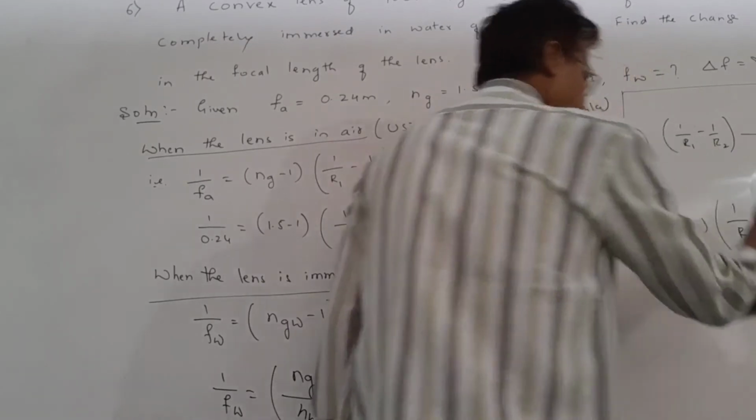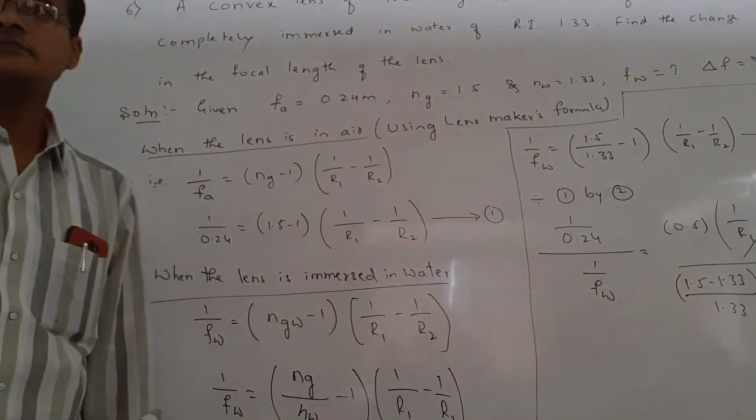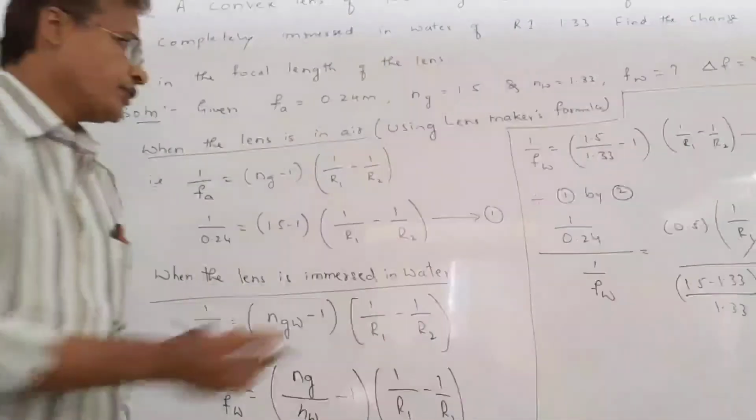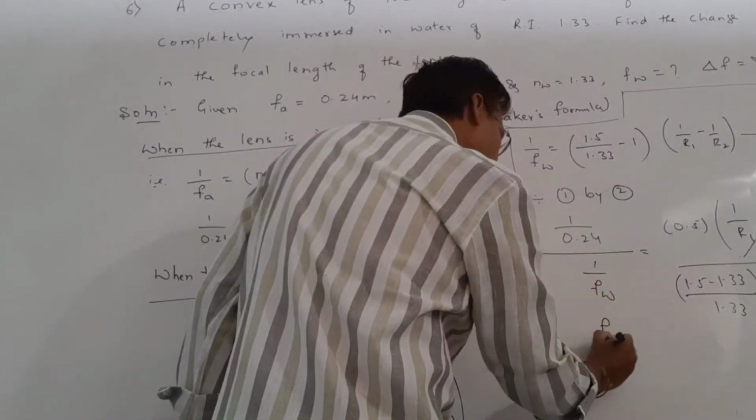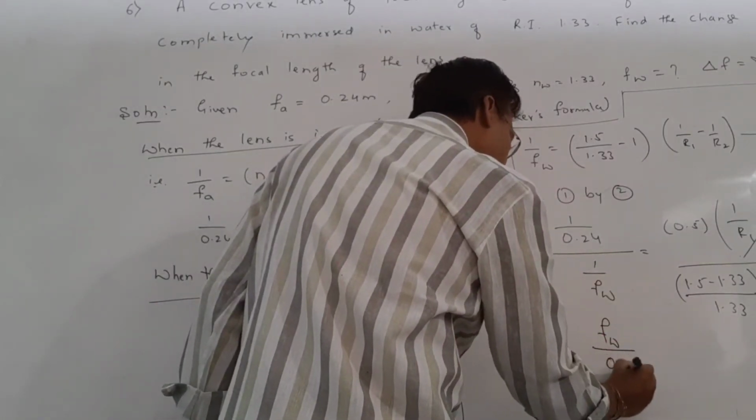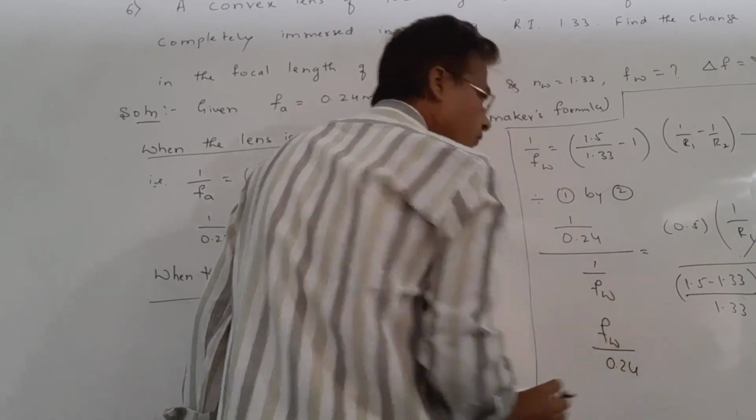This and this get cancelled. The reciprocal goes to the top, so Fw divided by 0.24. Followed?